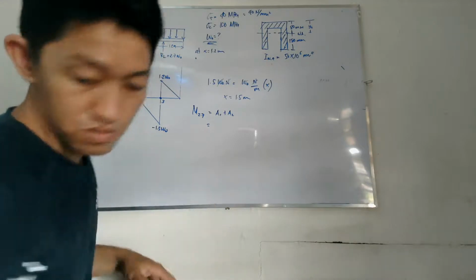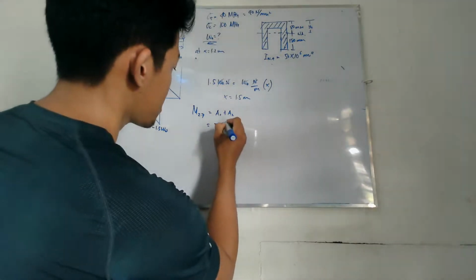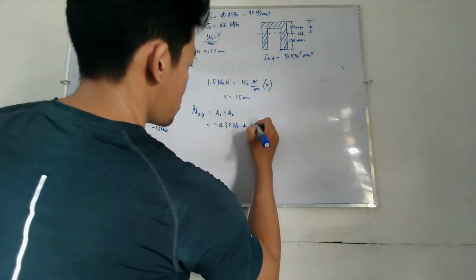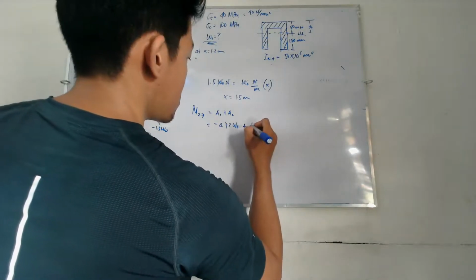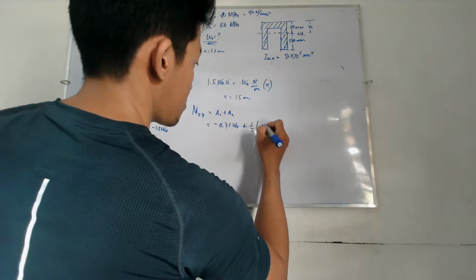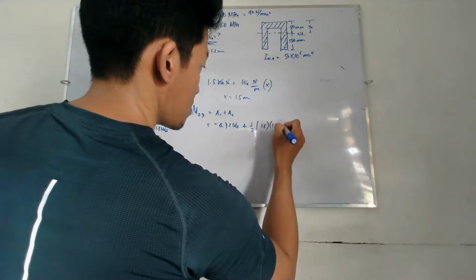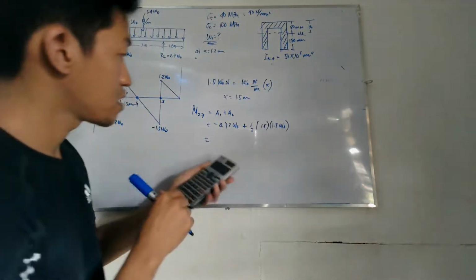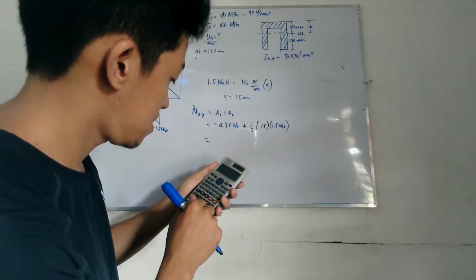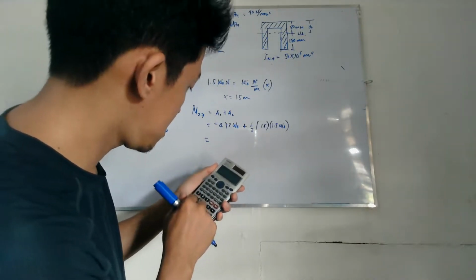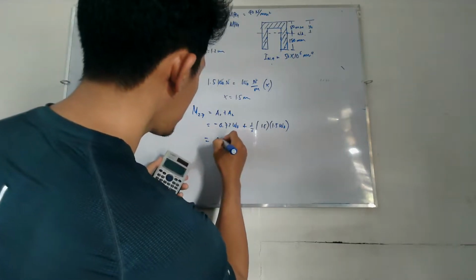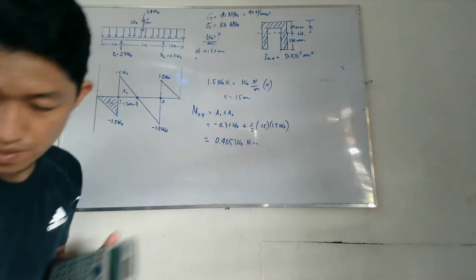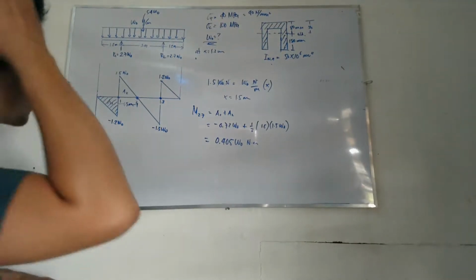Again, ang A1, moment sa A1, negative 0.72 omega plus kani 1/2 base height yapon, 1/2 1.5 height. Okay. 0.405 Newton meter. 0.405.